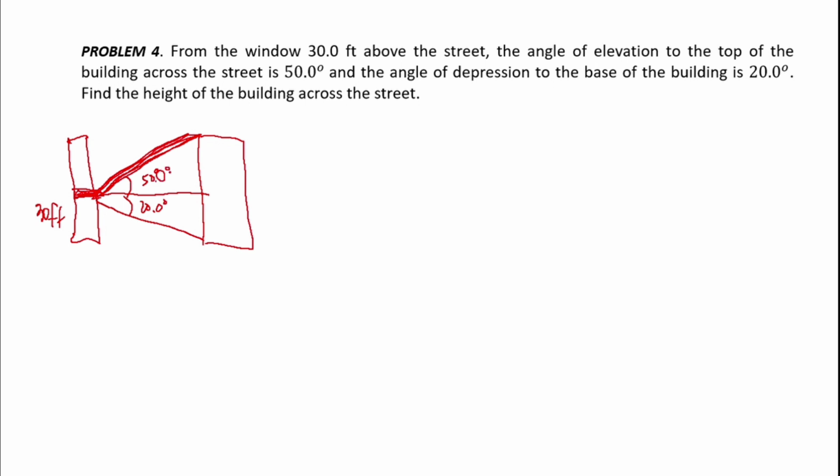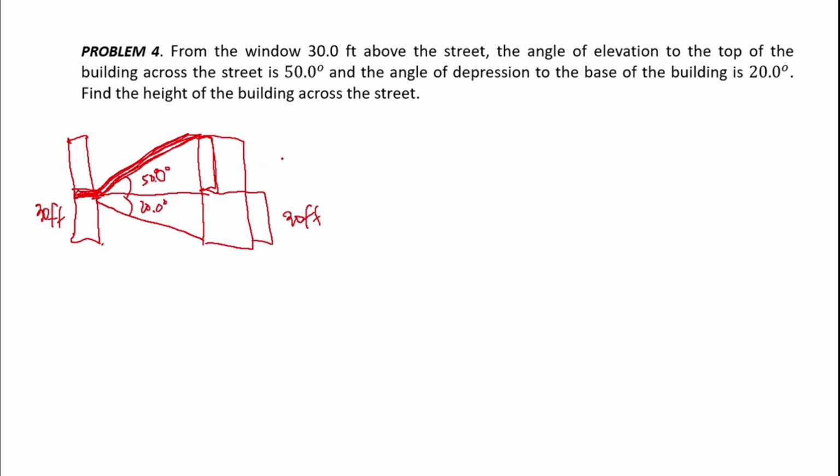Okay. Find the height of the building across the street. So if we're going to make use of this one, we need the value of this one plus the value of 30 feet.